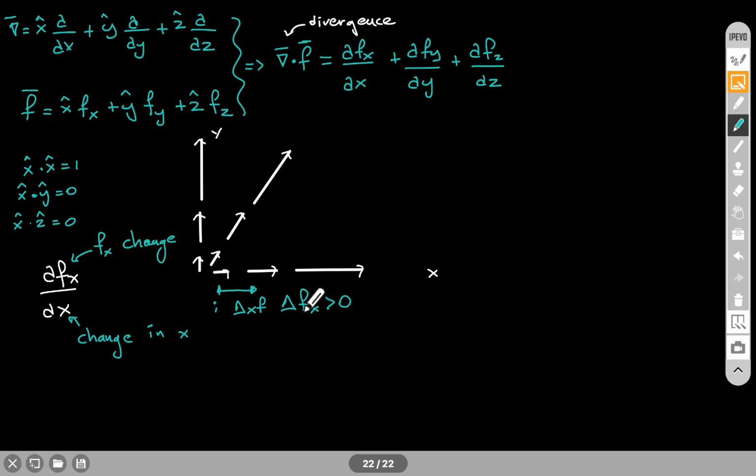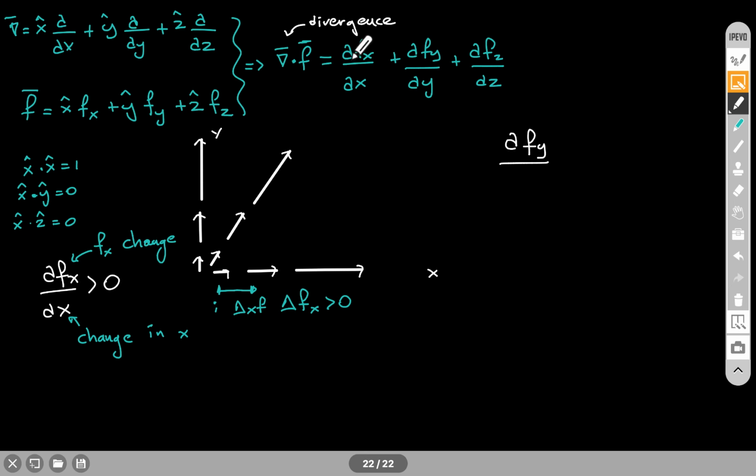You will find that the change in the x component of the function is a positive number. What does that tell me? It tells me that the partial derivative of f of x with respect to x is a positive number. Now that was only for the first term, okay? I also have to think about the second one.